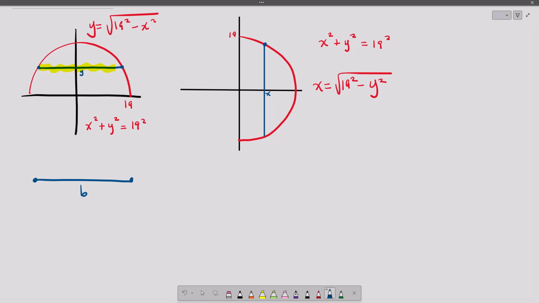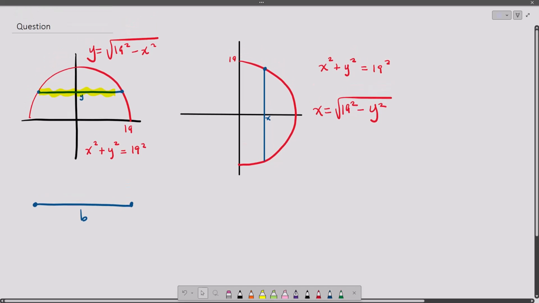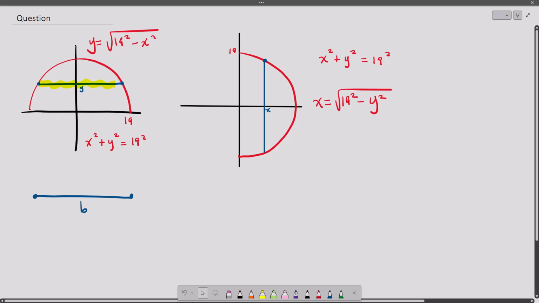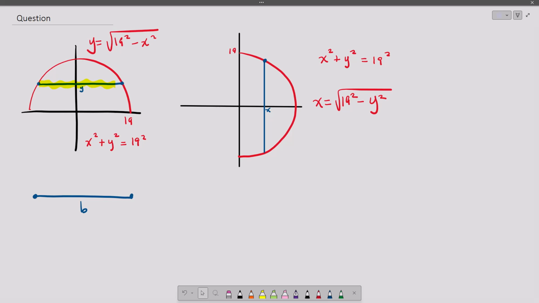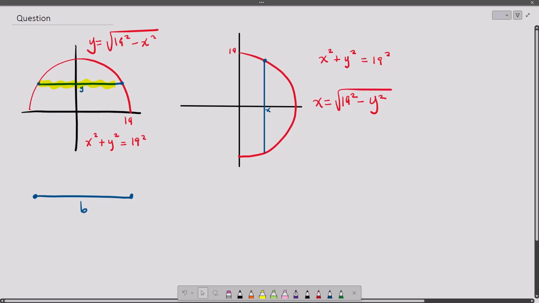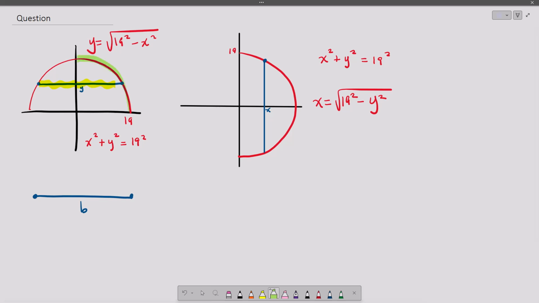Over here, our element is vertical. Anytime we find a vertical distance, we take the upper y coordinate and subtract off the lower y coordinate. So this is horizontal. So now I don't want the equation for this semicircle right now because I'm measuring a horizontal. I actually want the equation of this right-hand side. If I can find the equation of that right-hand side, that will be measuring horizontally.